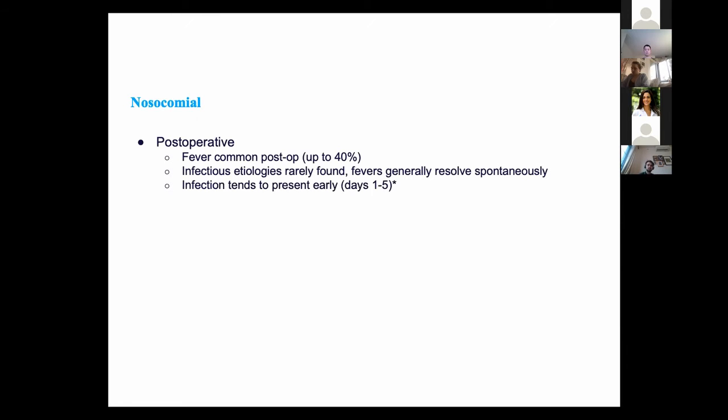If there is infection, it tends to present early, in the first few days of post-operative status. The one exception to that is an abscess, so intra-abdominal abscesses after GI surgery will present a little bit later, like a week to 2 weeks afterwards. And generally these post-op fevers may be an inflammatory response to the procedure and cytokines.